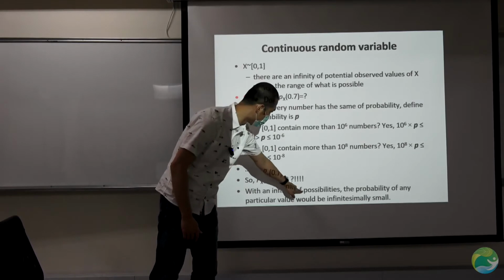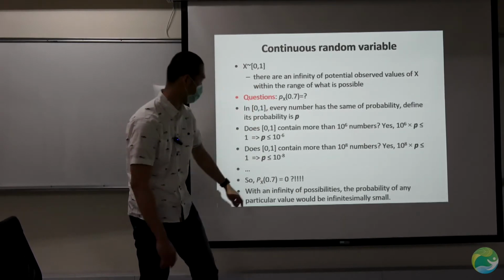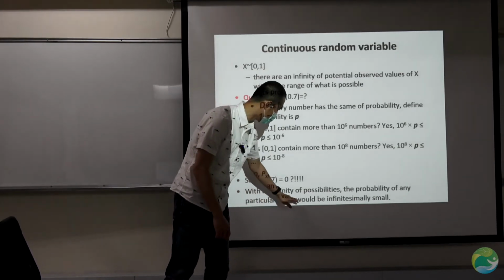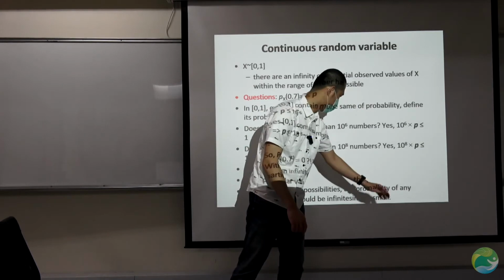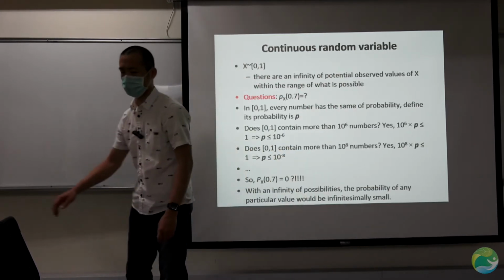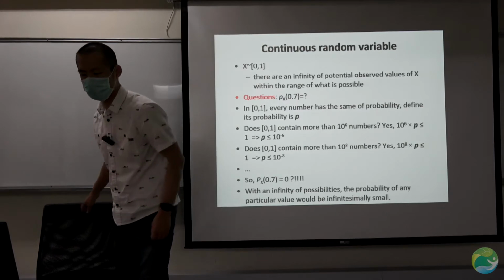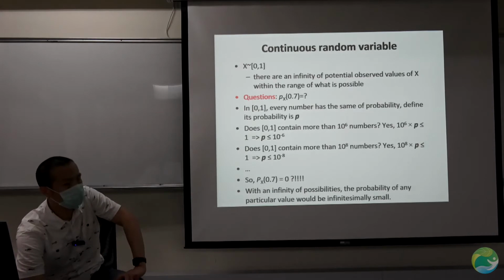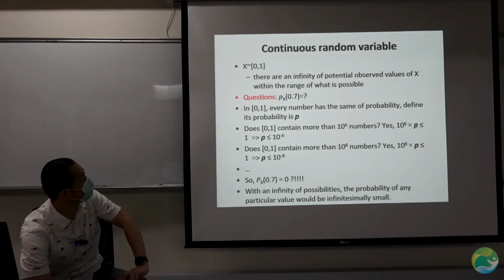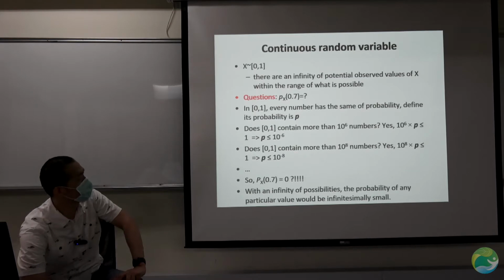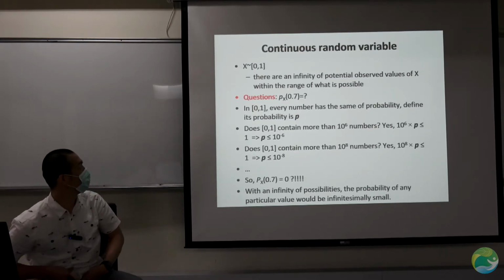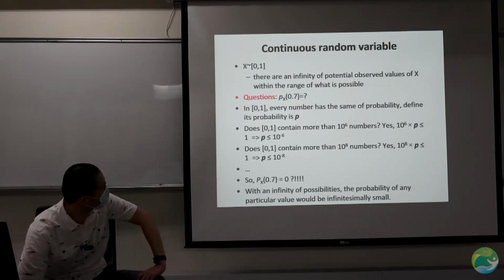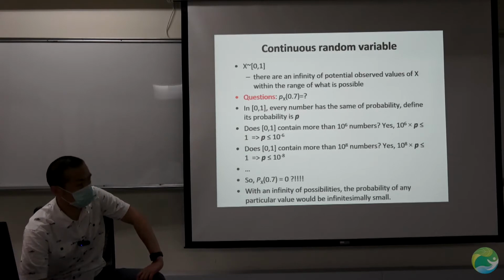With an infinity of possibilities, the probability of any particular value would be infinitely small. Okay? So if the probability is 0, what can I do? Right? You introduced the PMF first, and then you told me that for each value you can observe its probability for the discrete variable.